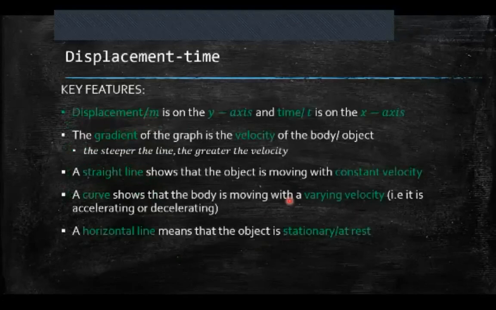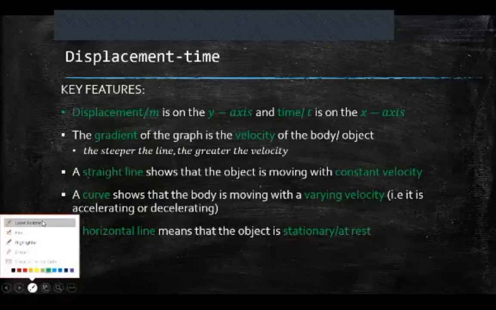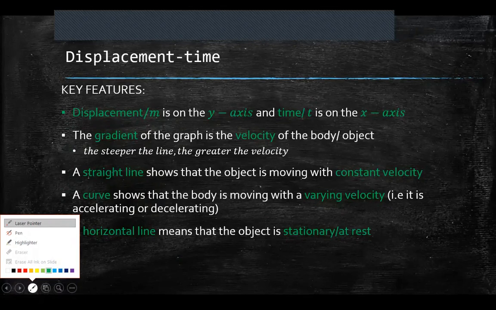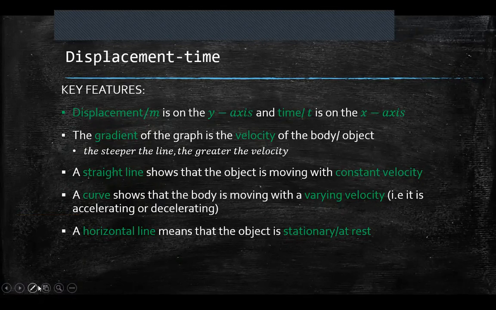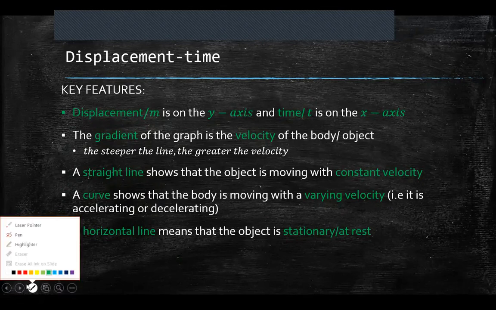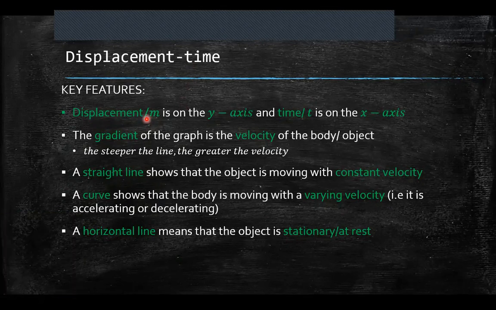Displacement time graph. What are the key features that you're required to know to sketch this graph and to pull information from the graph if you're required to? So for displacement time graph, displacement, which is in meters, remember the unit is meters, is on the y-axis, and then time is on the x-axis.